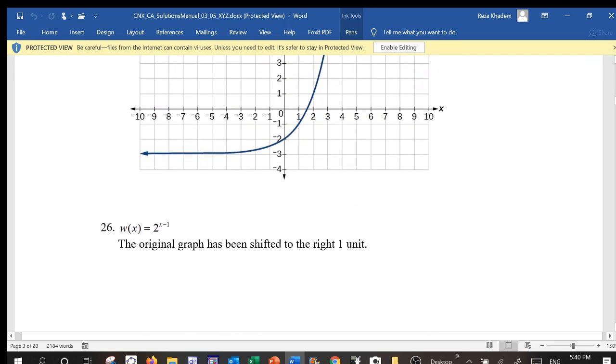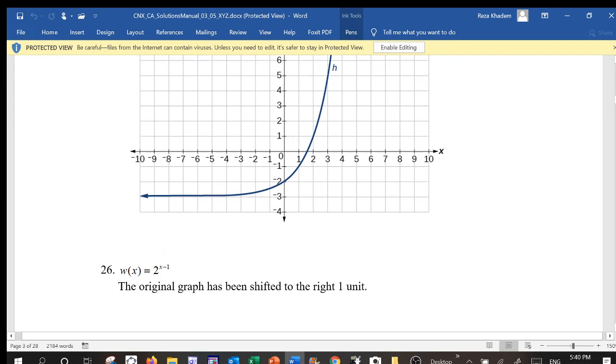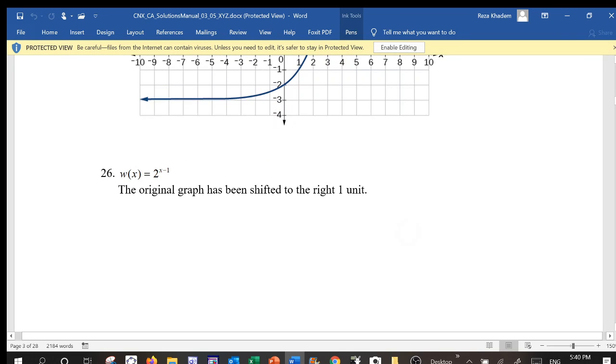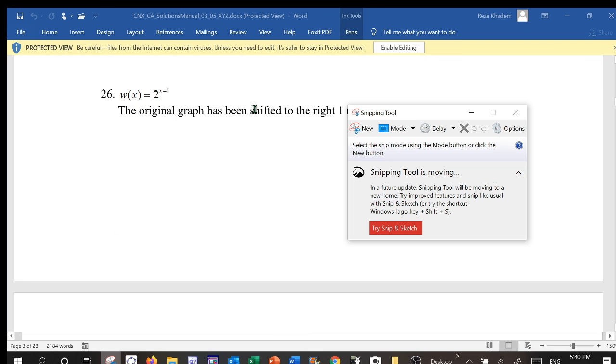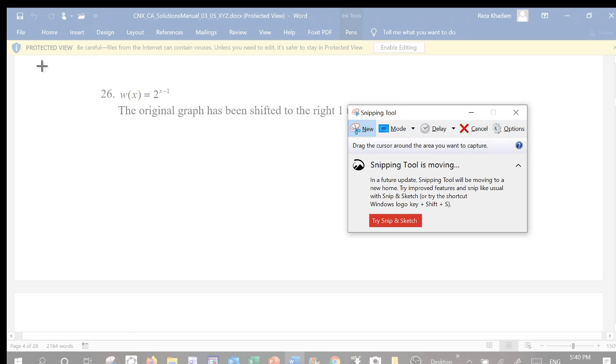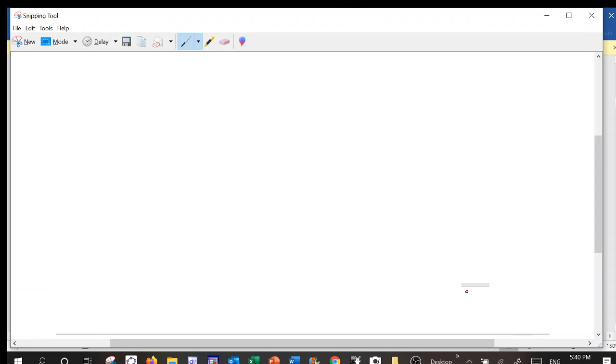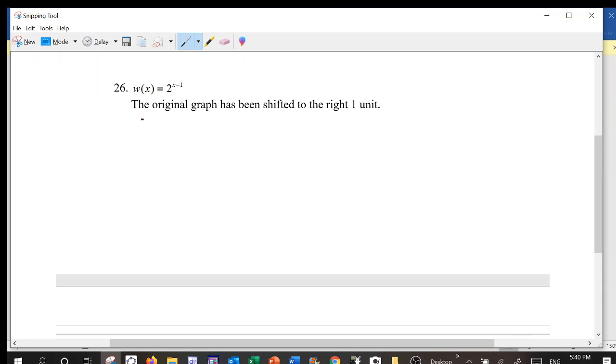What's number 26? So it says the original graph, so let's do that, this one. So let's get some white area. So the original graph here looks like this.